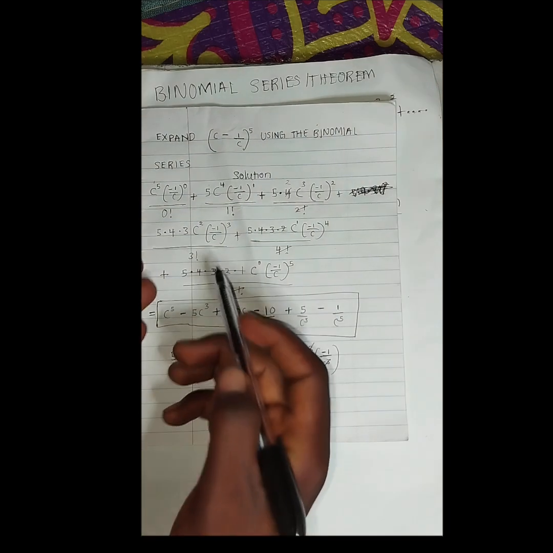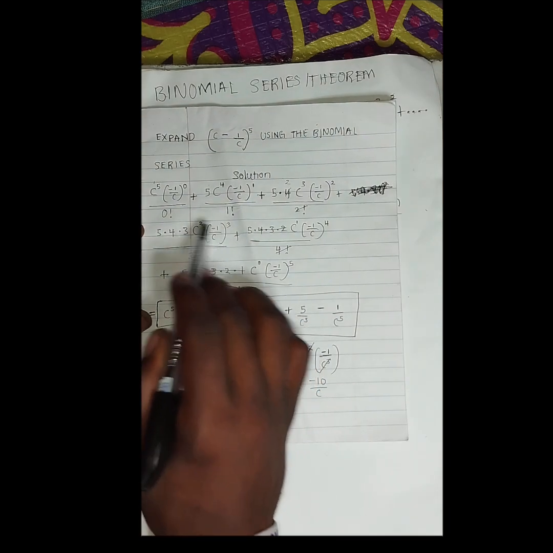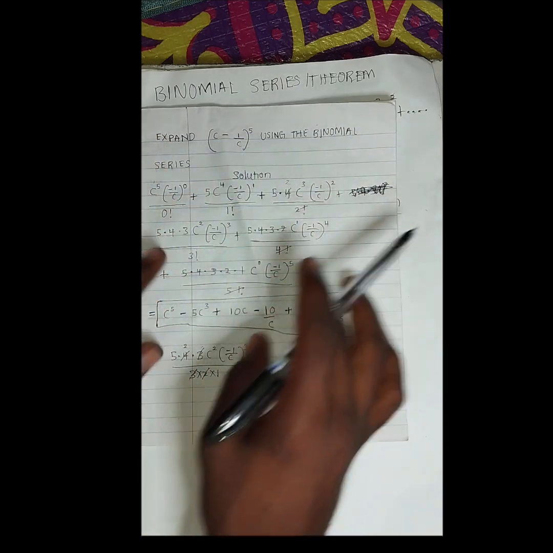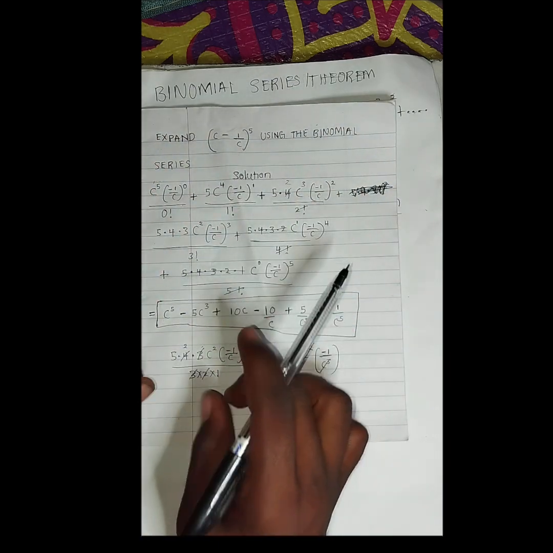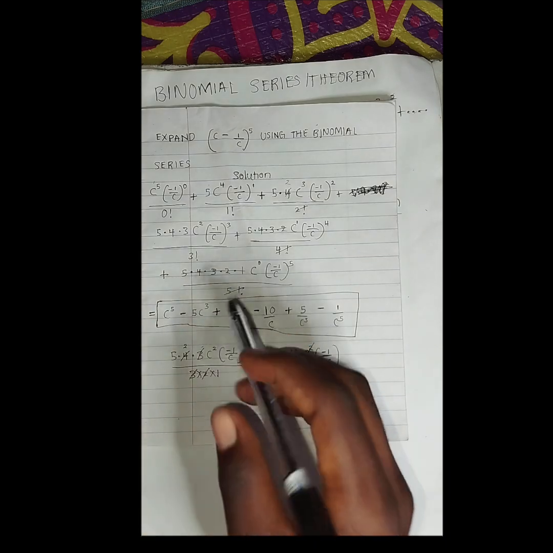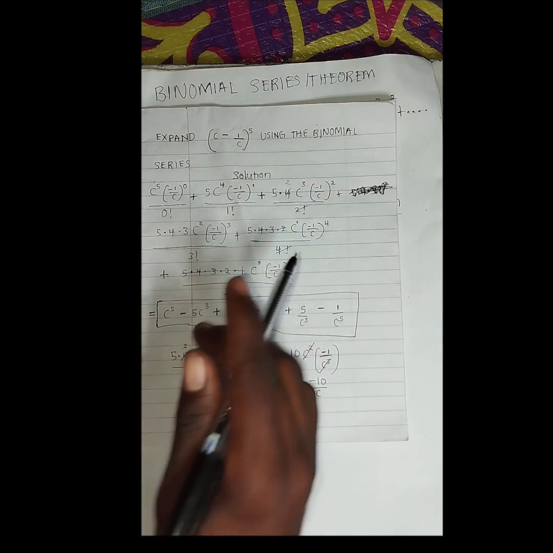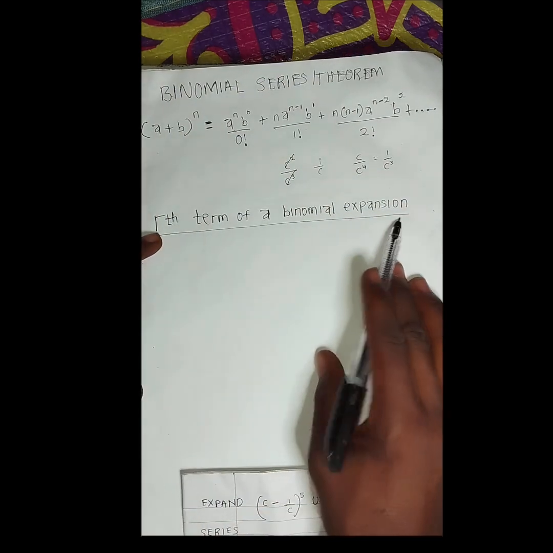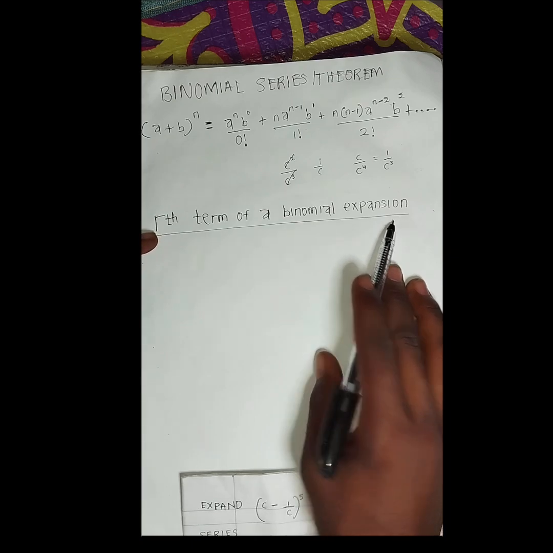Here, when we wanted to get the fourth term, we needed to show the expansion, then after finding the whole expansion, bring out the fourth term. But how about getting the fourth term directly without going through all this stress? That is why I want to teach you the rth term of a binomial expansion. For the rth term, there is a direct formula I will be giving now.